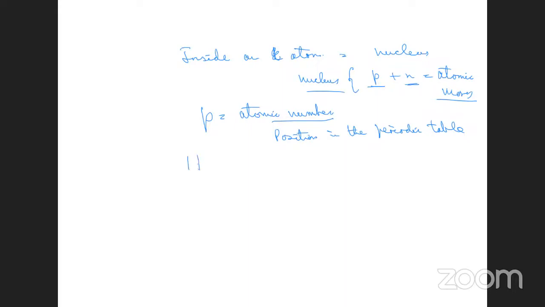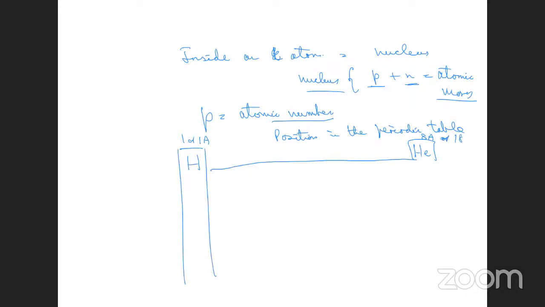In the periodic table, you will see the first one is hydrogen, and it is group 1, or they might say 1A. And at the same level, you get helium here, and it is either group 8A or they put 18. So it depends on the periodic table. Below that, I'm not going to write the entire periodic table, but you get lithium, number 3. The first position hydrogen, second position helium, third is lithium.